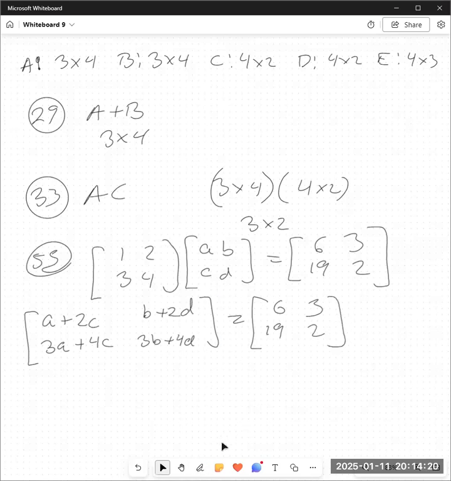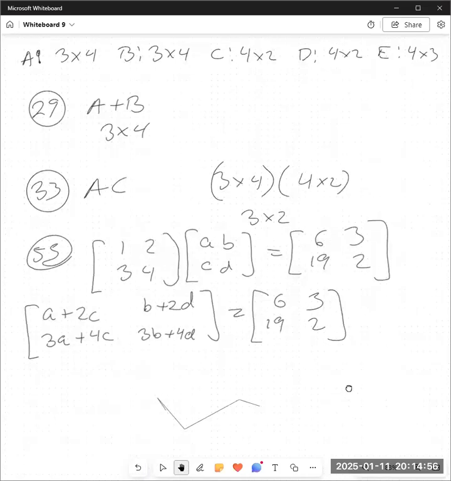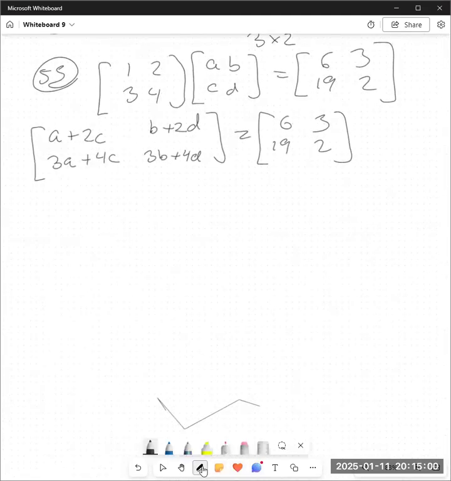So if I take the two equations that come from the first column that only have A and C in them, then I should be able to say A plus 2C is equal to 6, and 3A plus 4C is equal to 19.